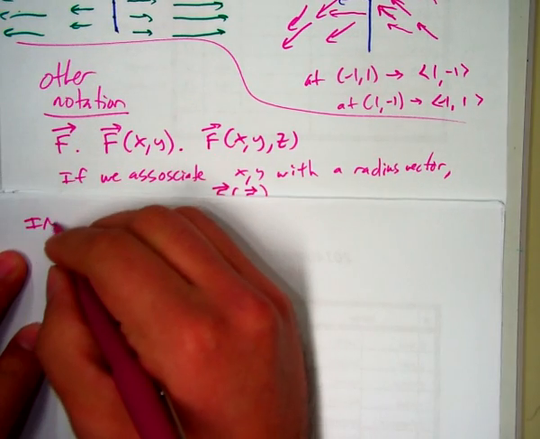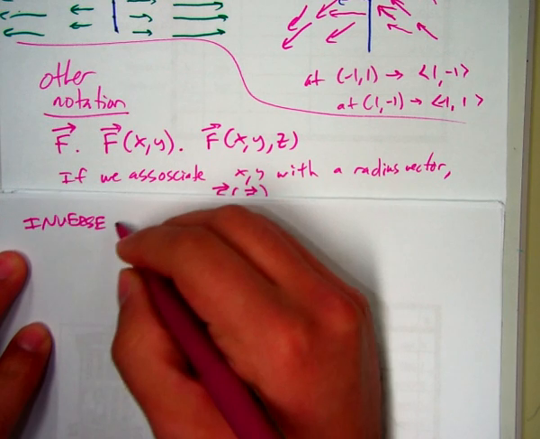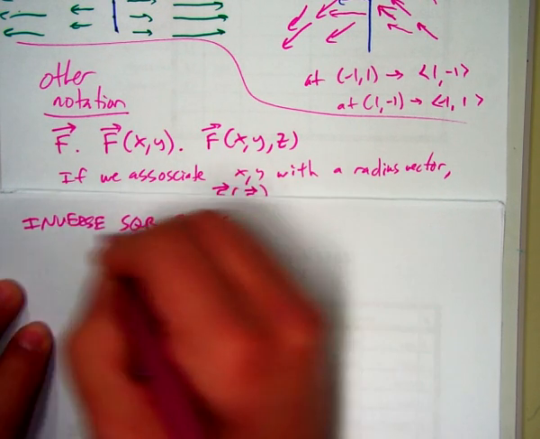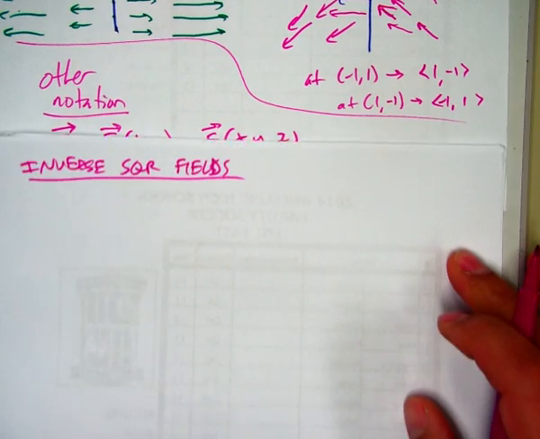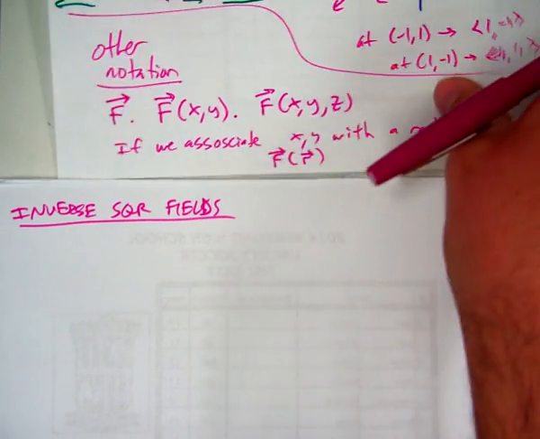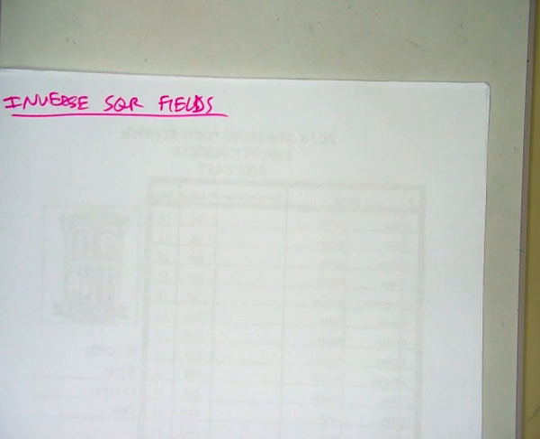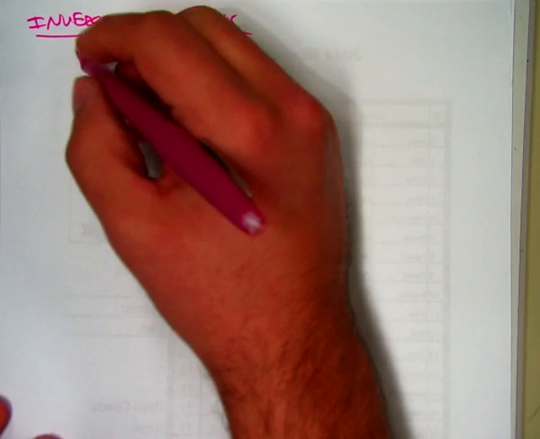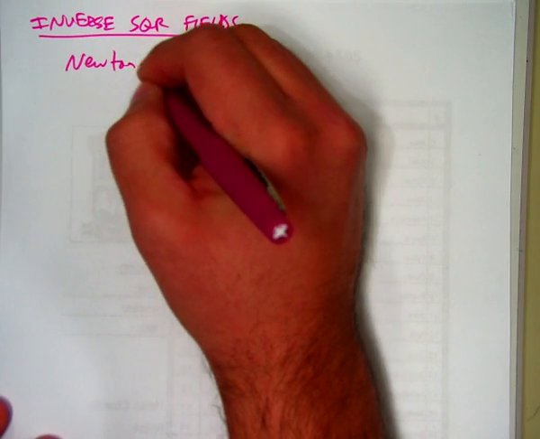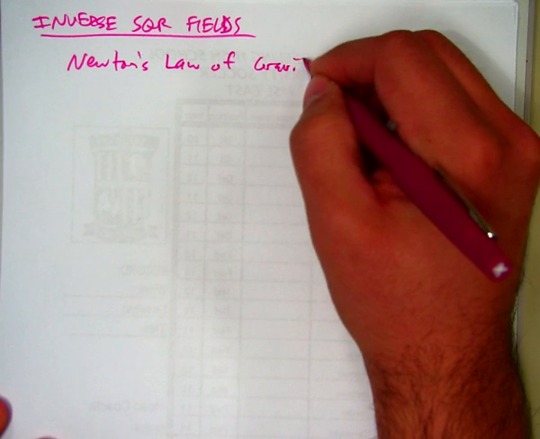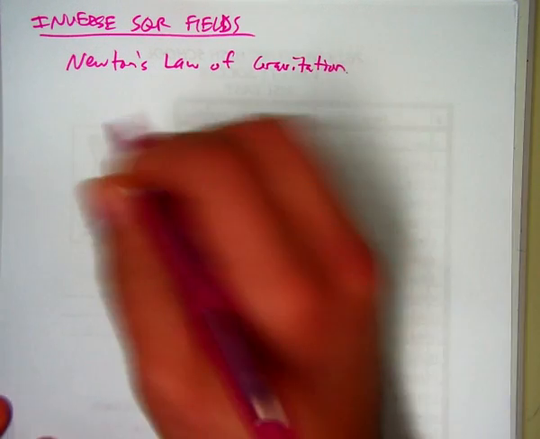Inverse square fields are a particular kind of vector field. Probably the easiest way to explain where they come from is to start with Newton's law of gravitation.